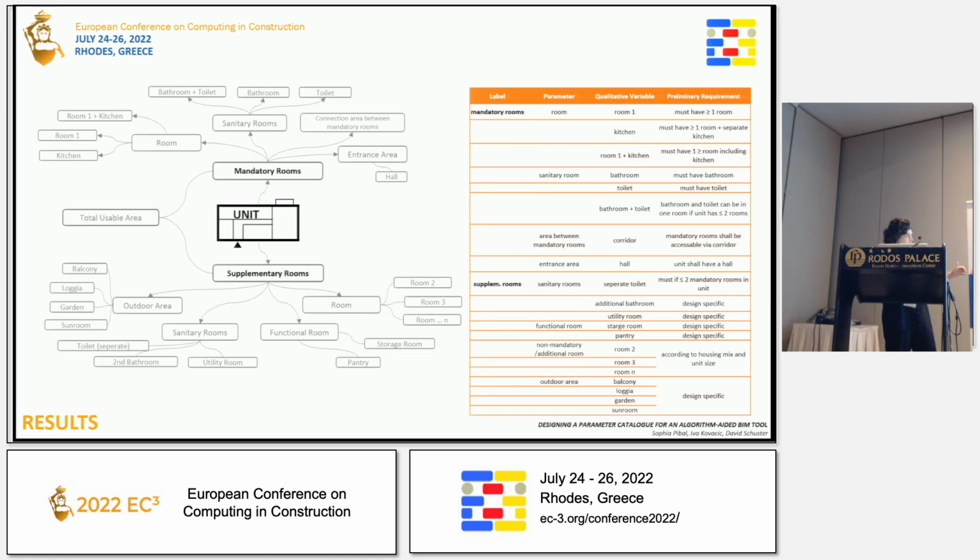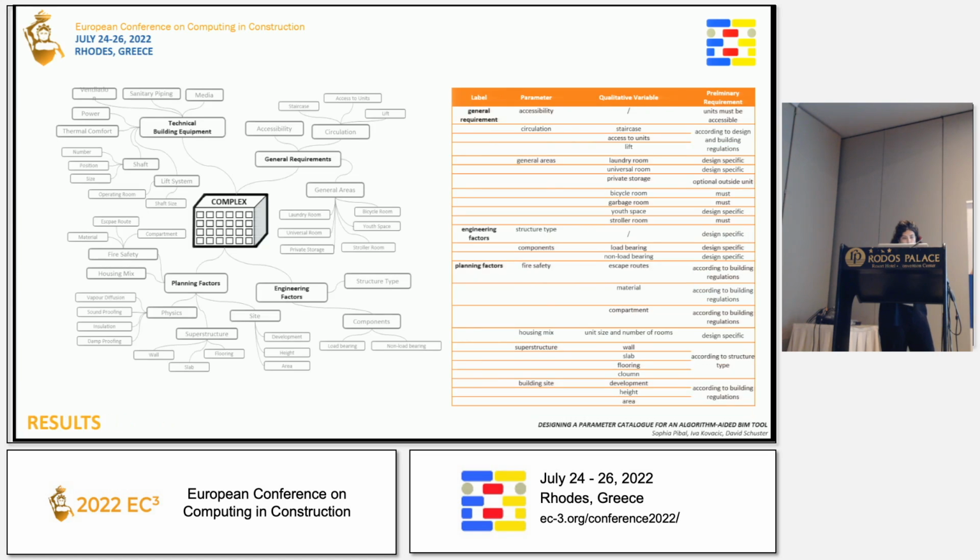And that was our preliminary requirement for that. And also for the building complex or the building unit in terms of technical building equipment, in terms of general requirements or planning factors, engineering factors, so the structure type, which was a parameter, and the superordinate label is engineering factors, and also the qualitative variables.